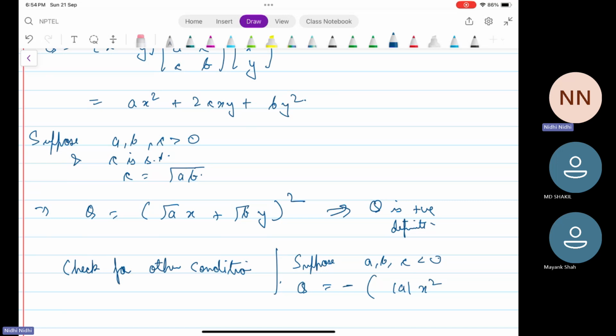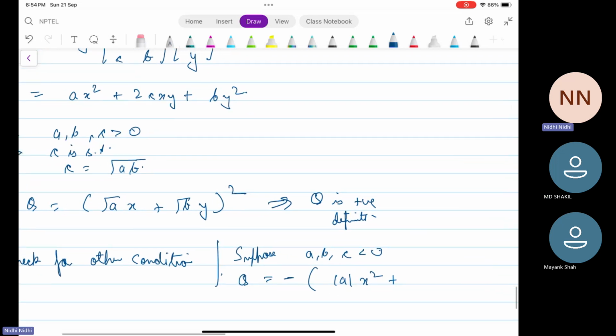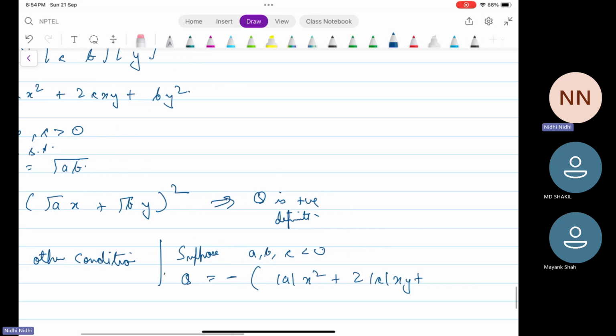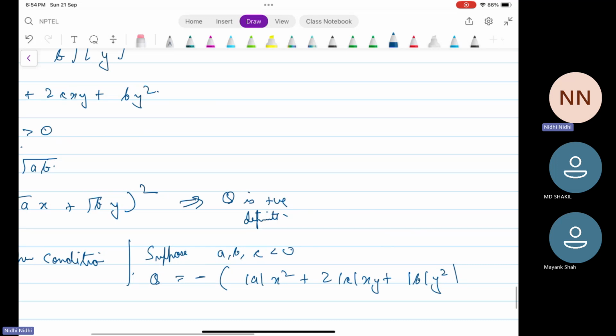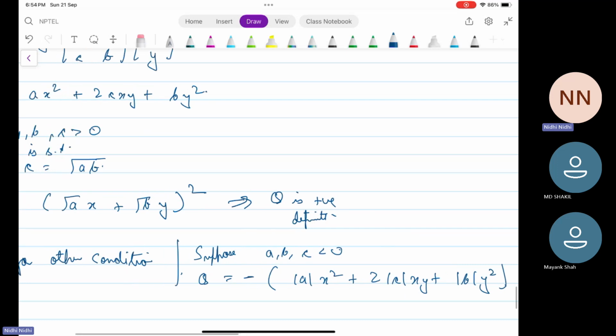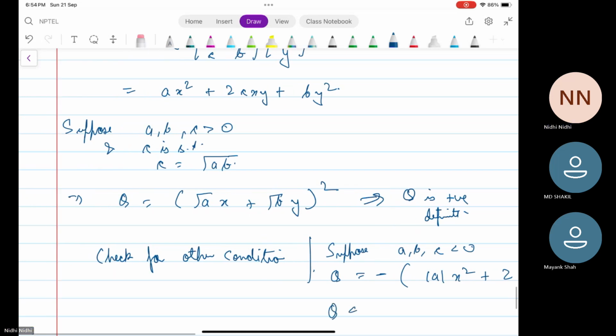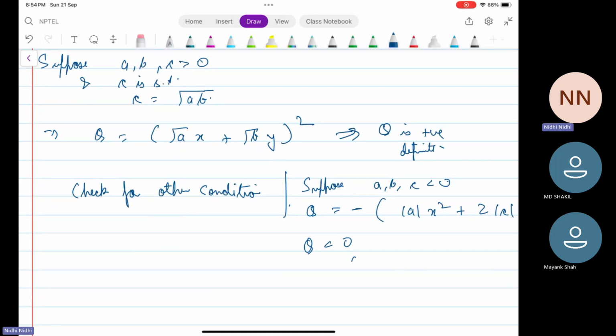Instead of minus A, I can write mod A. Then we can apply conditions on these mod A, mod B, mod C, 2 times mod C XY plus mod B Y square. And similarly, as earlier, we can apply some conditions on mod A, mod B, mod C to get this to be negative. So eventually, in that case, you'll get Q to be negative definite. Look at precisely how the things will go here.